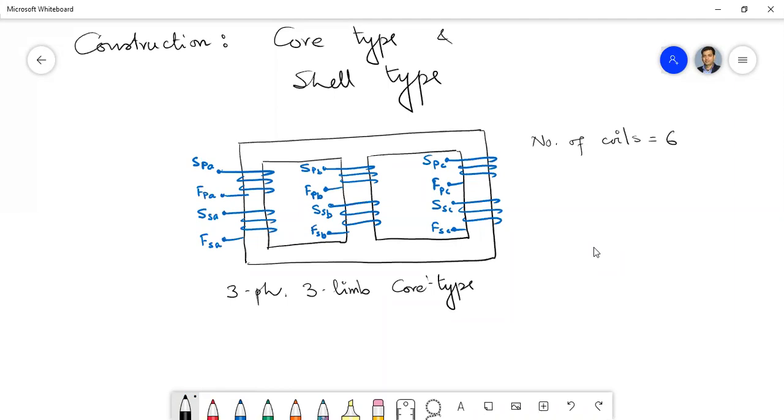Okay, so number of terminals is 12. This is common for all three-phase transformers, because all three-phase transformers should have at least 6 coils and 12 terminals.